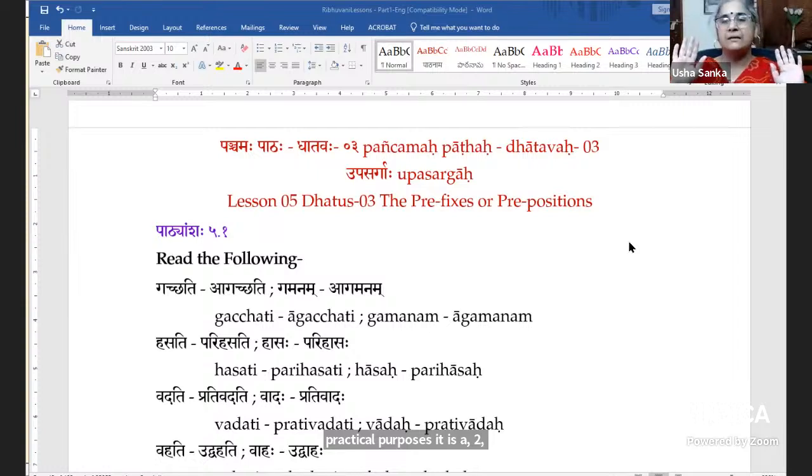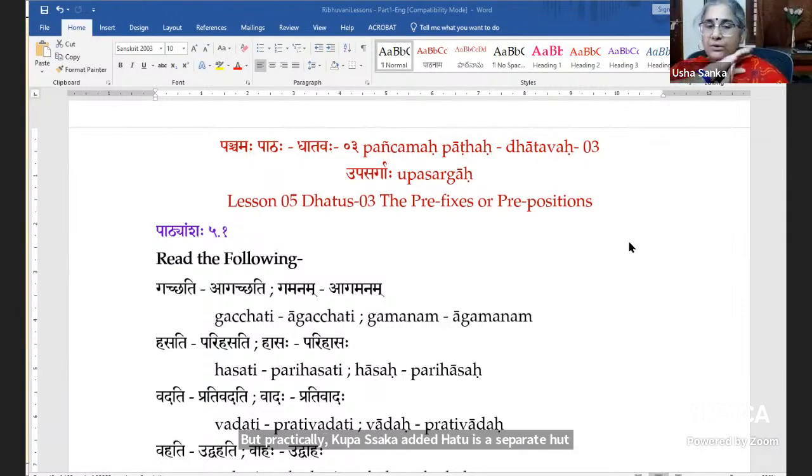Theoretically, it is the same one, but theory will not help us in practice. So theoretically they are one and the same, but practically an upasarga-added dhatu is a separate dhatu.